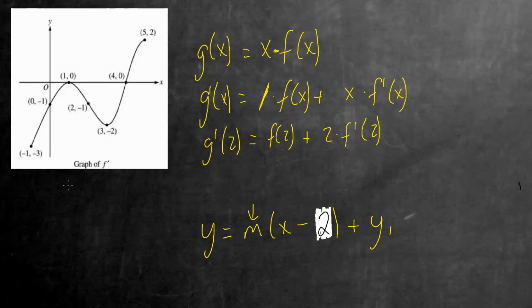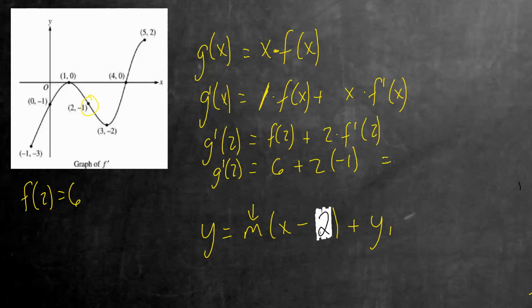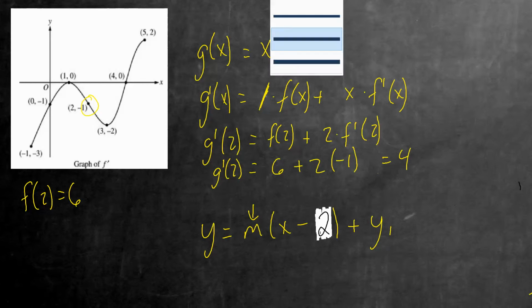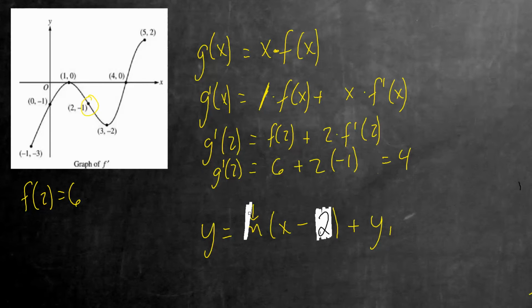F of 2 was given in the initial condition. F of 2 is 6. So g prime of 2 is 6 plus 2 times f prime of 2. F prime of 2 right there is negative 1. So that is 4. So I'm going to go ahead and put my 4 right there.